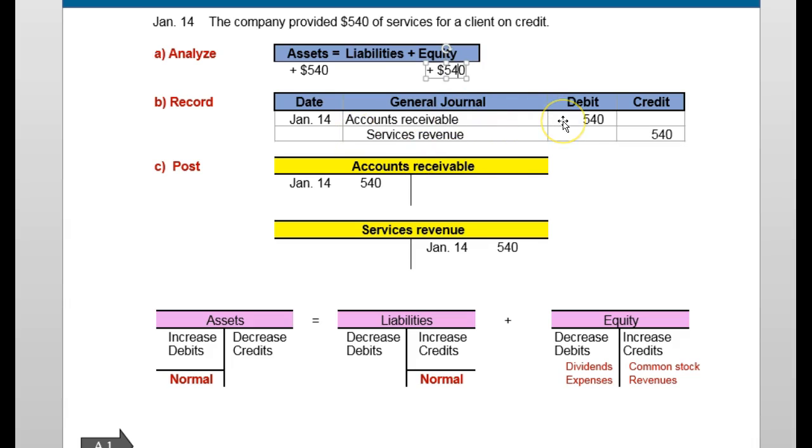To do that, I want to increase accounts receivable with a debit and increase revenues with a credit. Again, when you post, you've got accounts receivable, 540 increase, service revenue increase. Now remember, anything on the left-hand side of the equation, which is an asset, if you're going to increase it, is a debit. In the equity, anything on the right-hand side, to increase an equity account would be a credit.